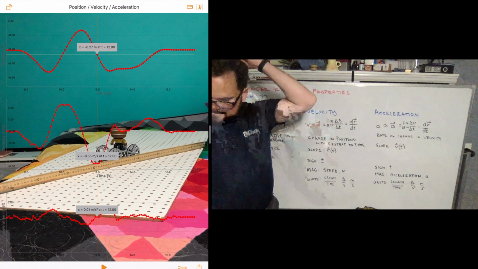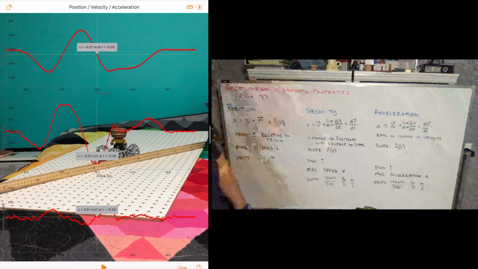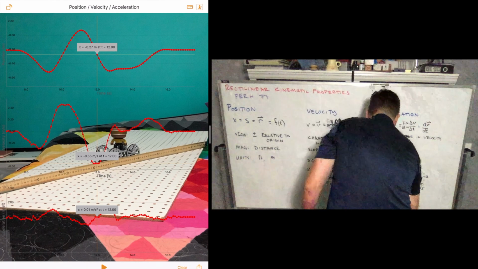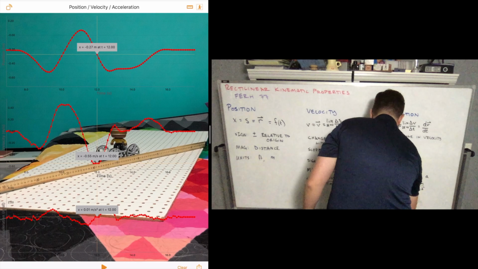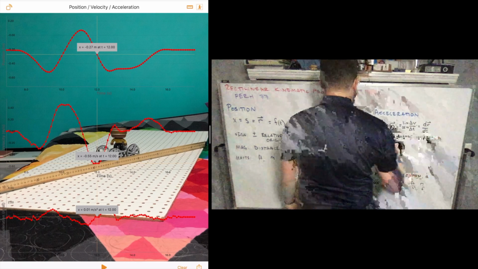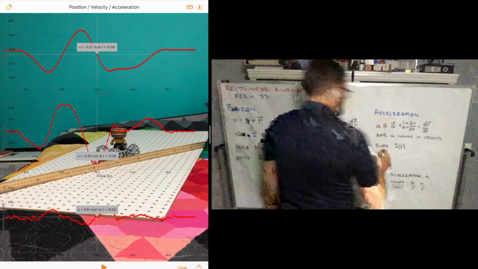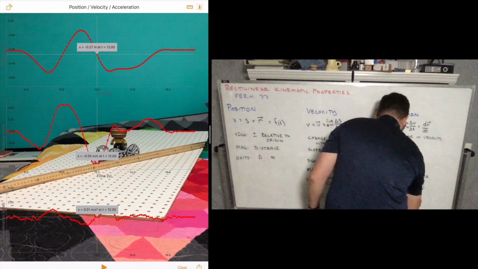It's pretty cool. Now there's one more relationship that we might want to add to our FE reference handbook. It tells us that not only is acceleration equal to dv dt, we could substitute this in and we would find that it's going to be equal to d squared r dt squared, so the derivative twice of the position.